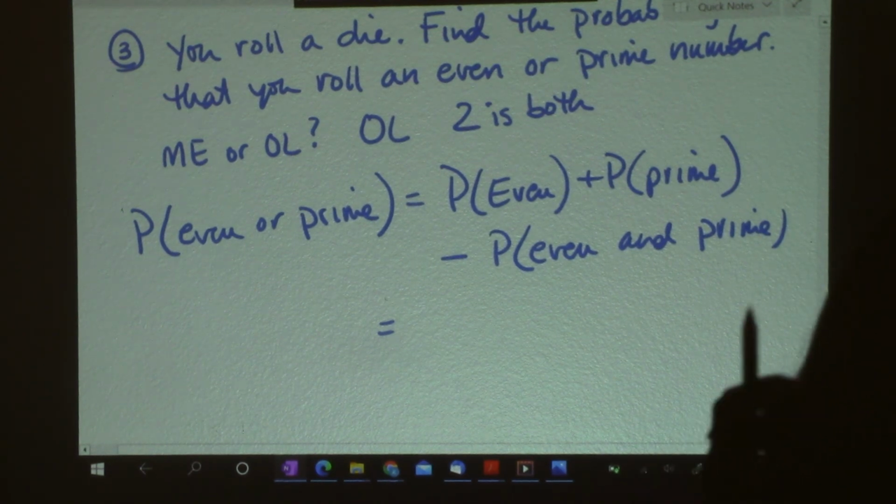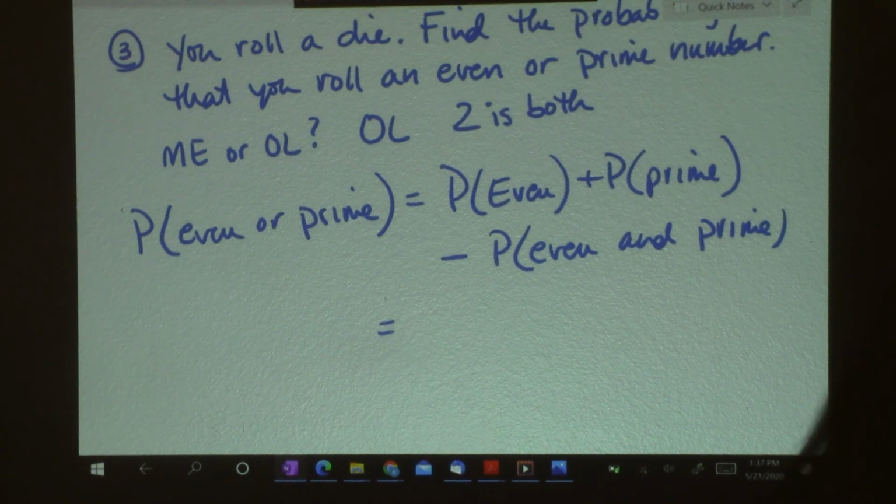Okay, the probability of rolling an even number is 3 out of 6. And the probability of rolling a prime number would be 4 out of 6, right? So, 1, 2, 3, or 5, okay? But now I have to subtract. I'm not going to have more than 7. Do you see it now?